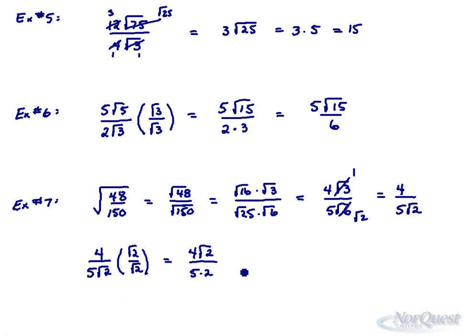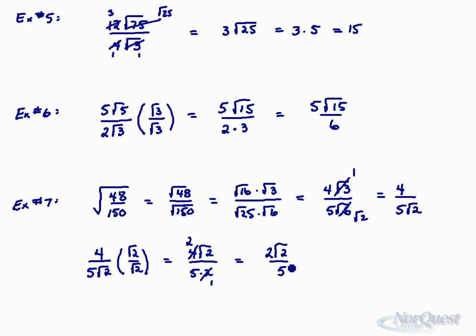So 5 times 2, and again, I can simplify. Notice it really helps to try to simplify as you go to keep the numbers small and easier to work with. And that's our final answer, 2 root 2 over 5.